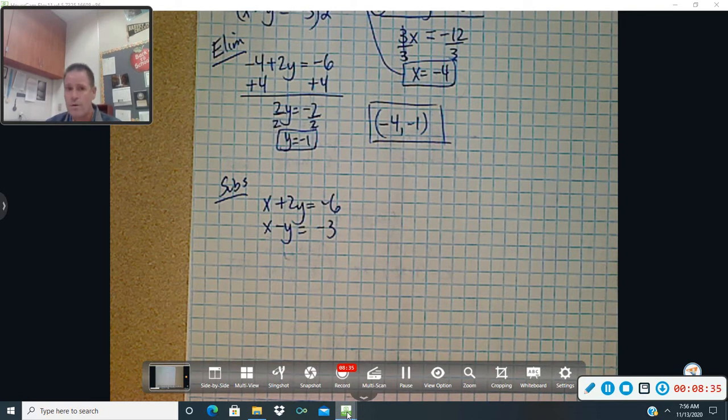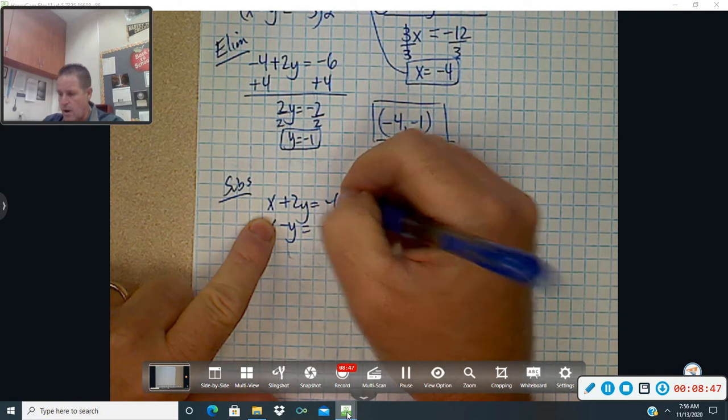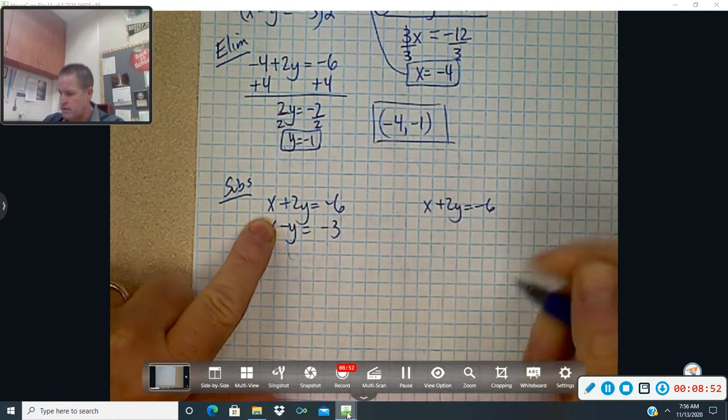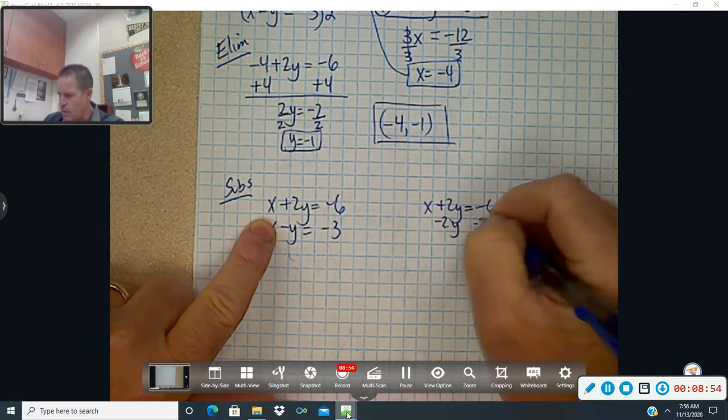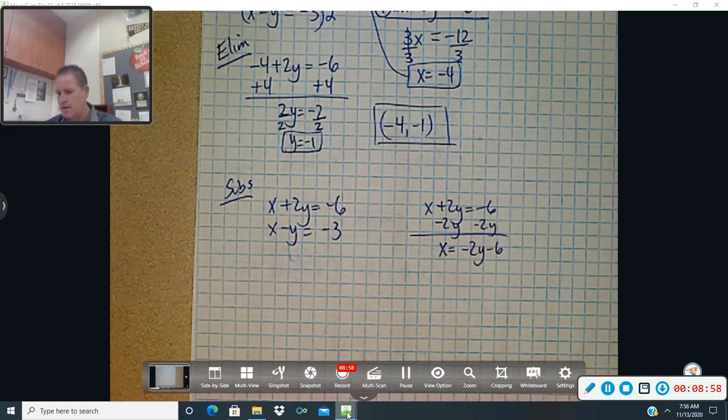Well, I don't know what x equals or what y equals here, but I could find it. And you just have to choose. You have to pick a letter that looks easy to solve for. It's really easy to solve this top one for x, because all I got to do is subtract over 2y. And in fact, I'm just going to do that right here. x plus 2y equals negative 6. I'm going to subtract over 2y, and that gives me x equals negative 2y minus 6. Good.